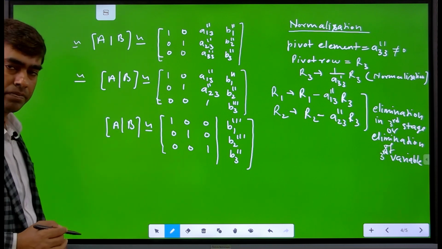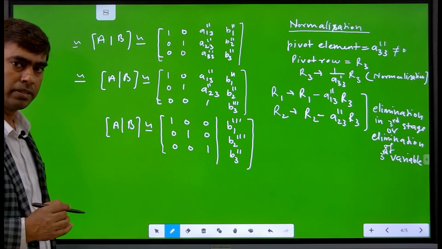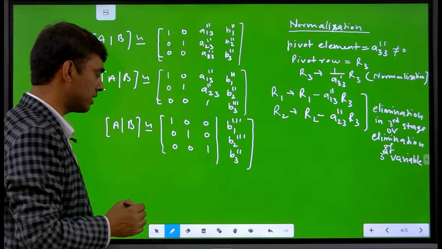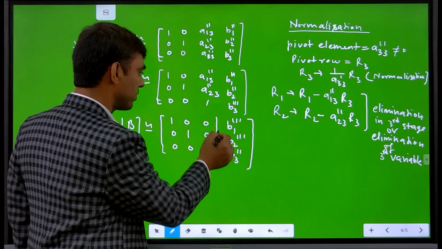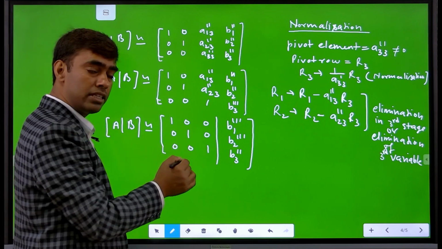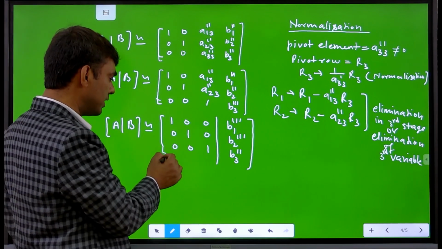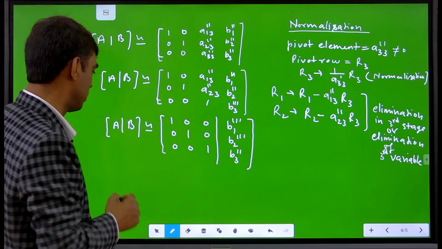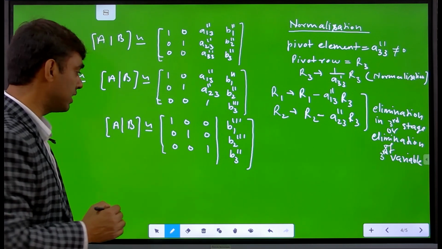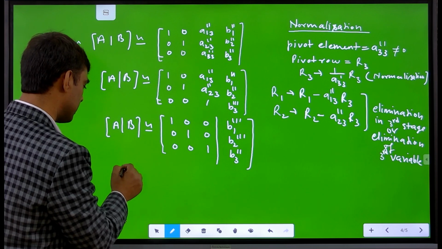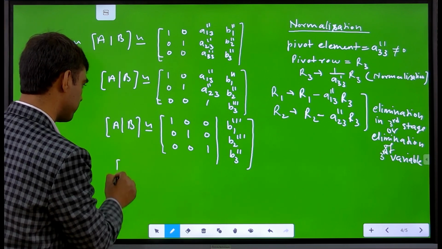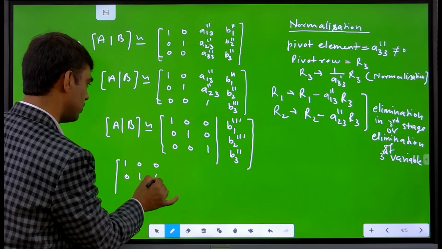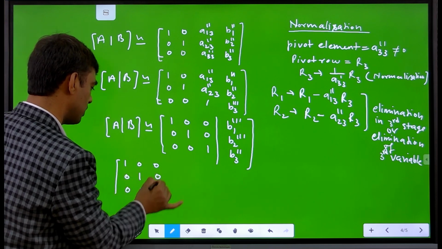Now we write the reduced form of the system of linear equations, with the help of the reduced augmented matrix. So what is the reduced form? Here we write matrix A as 1 0 0, 0 1 0, 0 0 1.